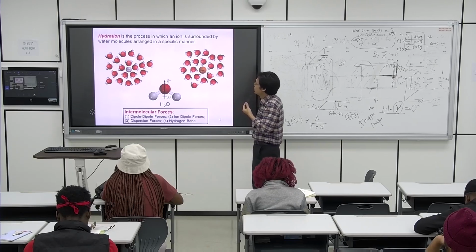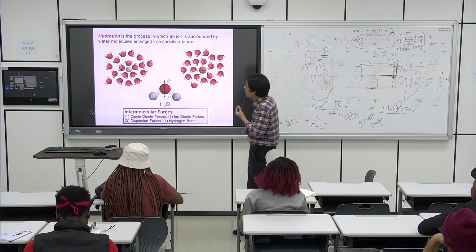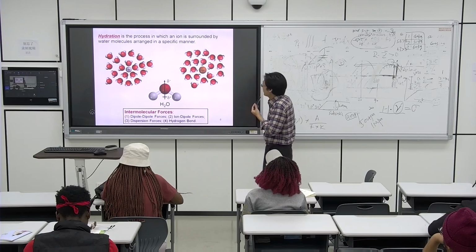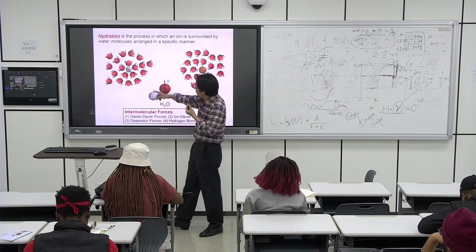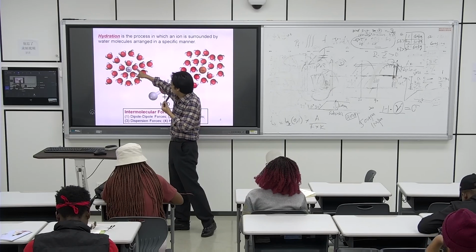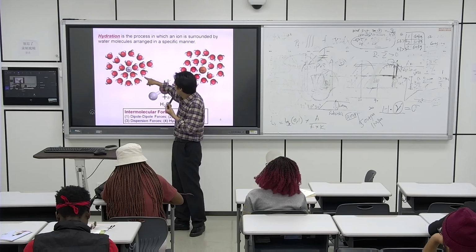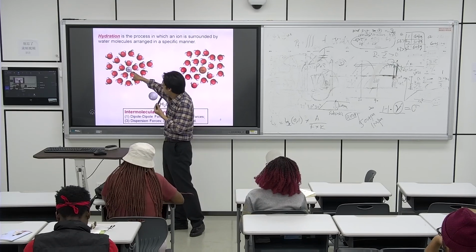Hydration is the process in which an ion is surrounded by water molecules arranged in a specific manner. For example, this is the cation and this is water. The red ones are oxygen, the green ones are hydrogen. So from here, the oxygen will be close to the cations.